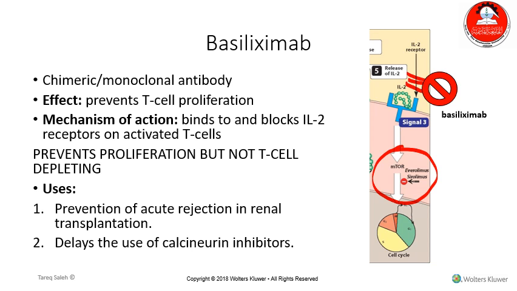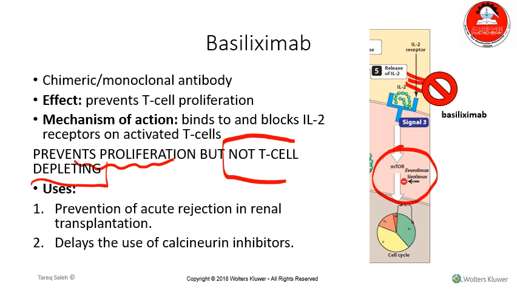So the effect of basiliximab results in T cell growth arrest or inhibition of proliferation, but not exactly killing T cells, okay? Not depletion. T cells will remain, but they won't grow as effectively. Basiliximab is used to prevent acute rejection.